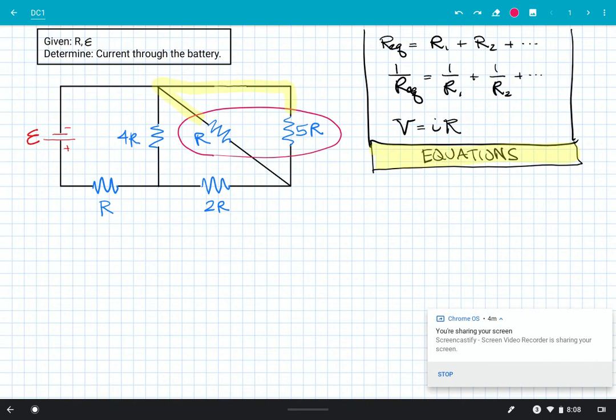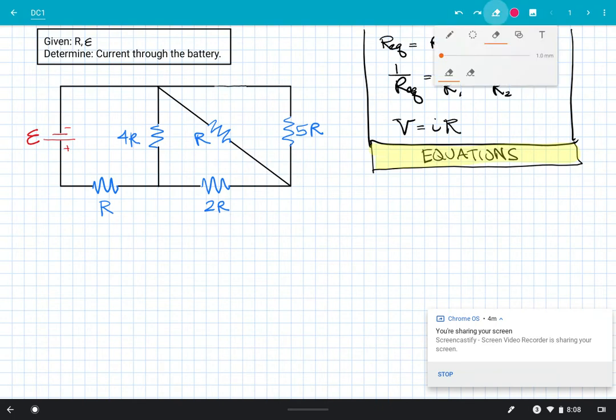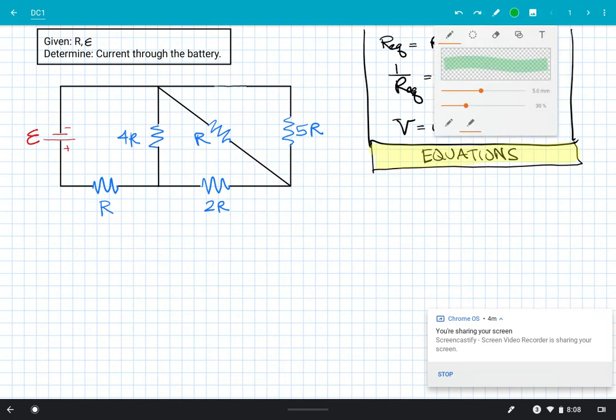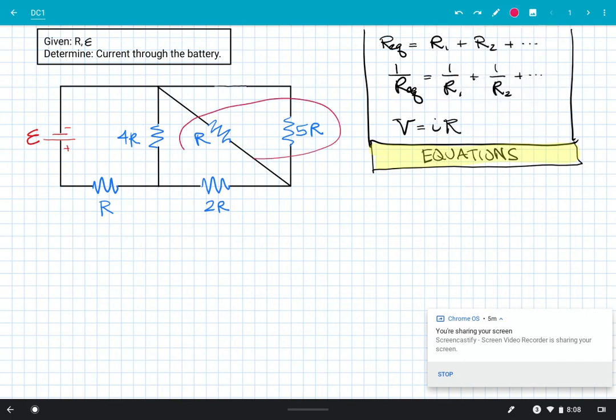I'm going to take away some of my highlighting here, and I can replace those two with their parallel equivalent. I'm talking about these two resistors, the R and 5R resistors, right now. If I simplify those, it will look like 1 over R plus 1 over 5R, right?